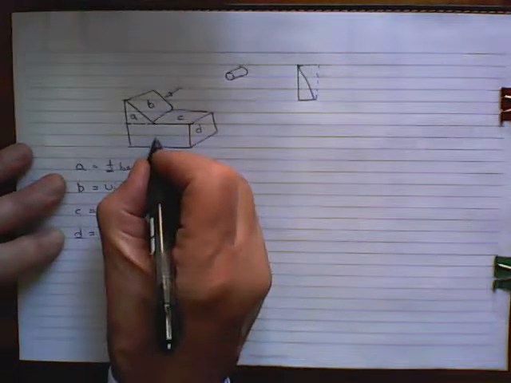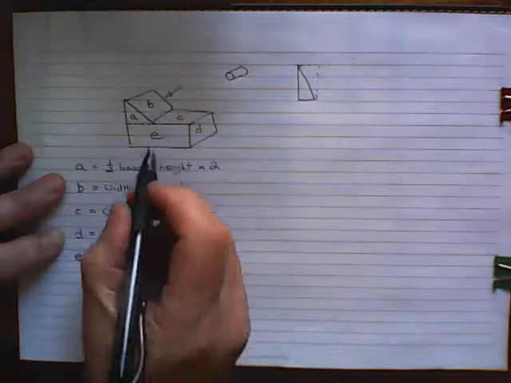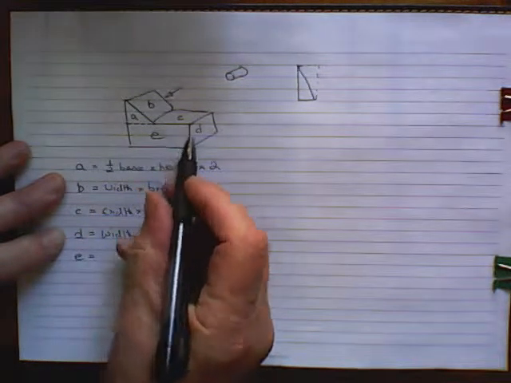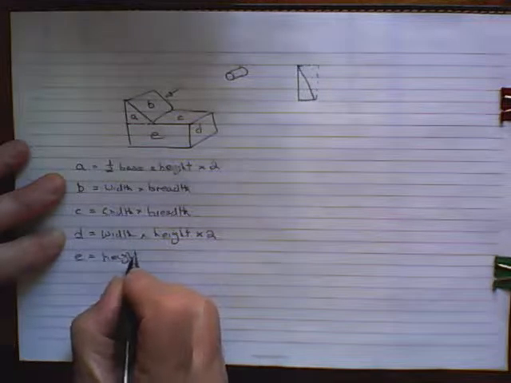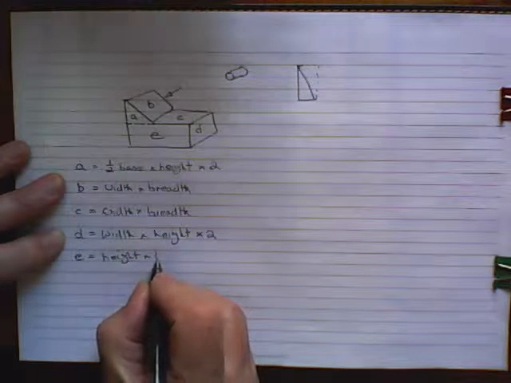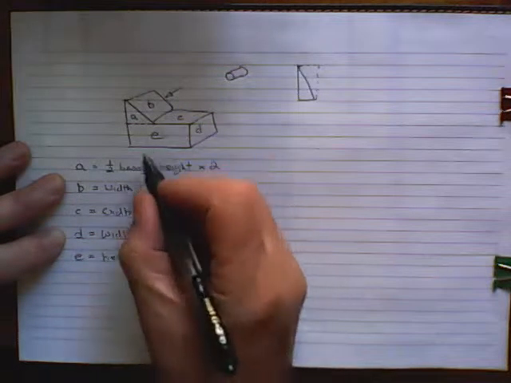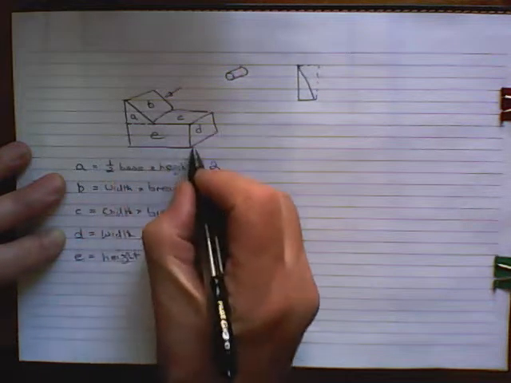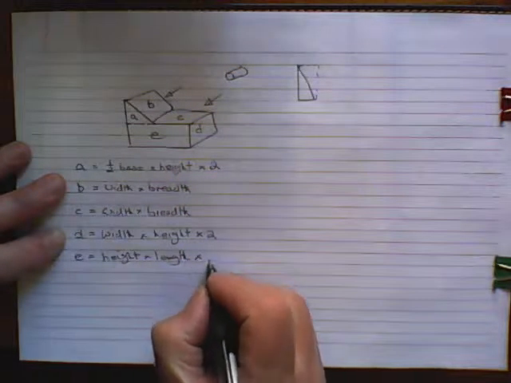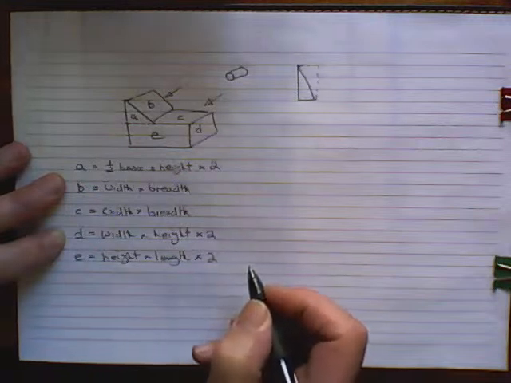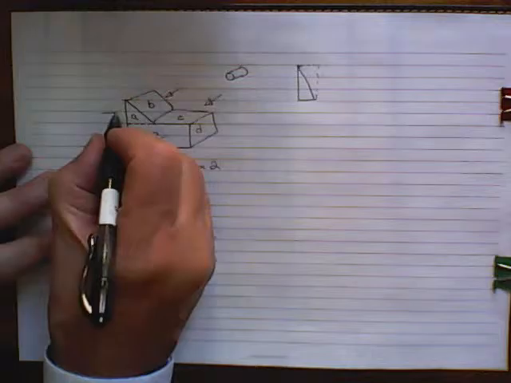Let's have a look at another one. E. E is, if you like, height times length. And there is not only one E here, there's another one there. So that is times 2 again. Carry on. Let's identify another area.